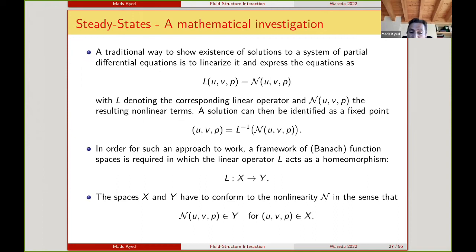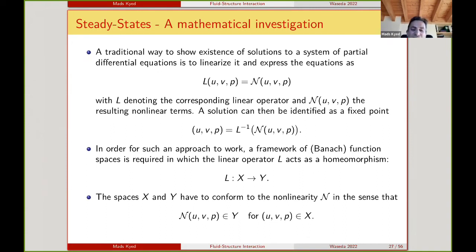Of course, the spaces where the linear operator has to be a homeomorphism also have to be chosen in such a way that the nonlinear mapping that we have on our right-hand side maps elements from the X space into the Y space, or otherwise this construction doesn't work.